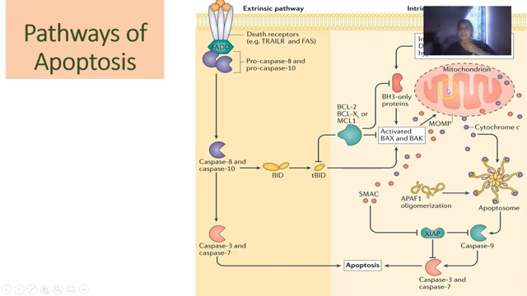Now, in both cases, one of the last steps that you will see is caspase-3 activation that finally leads to the death of the cell. But in between, depending on which pathway is activated, you will have very, very different steps.